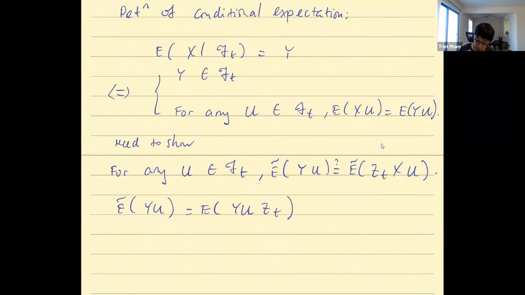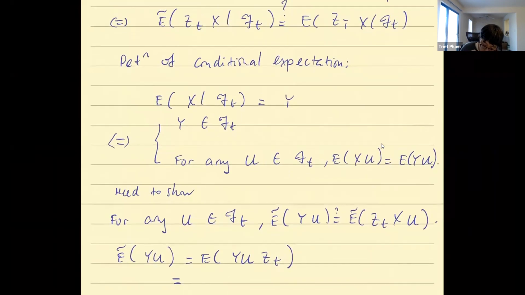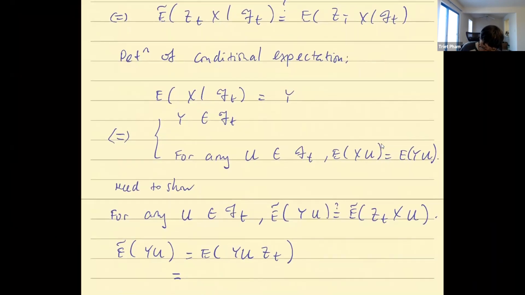Okay. But what is this? Now we can return what Y is. Y is this, right? So that will be expectation of conditional expectation of ZT times X given FT times U times ZT, right?